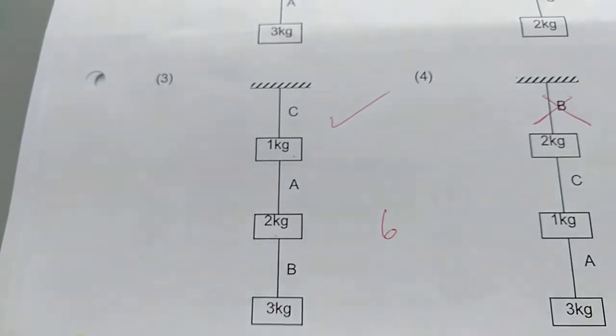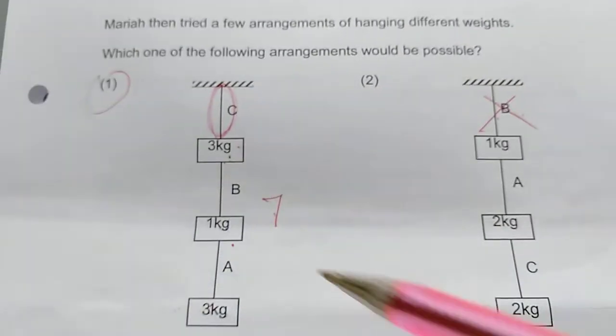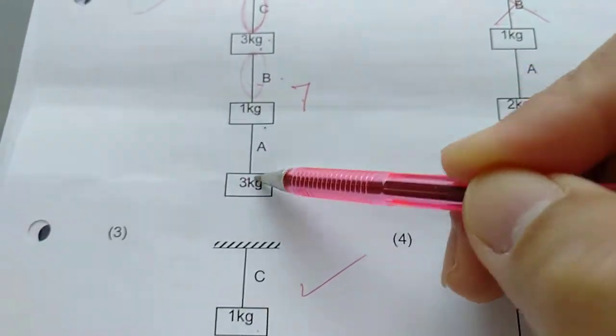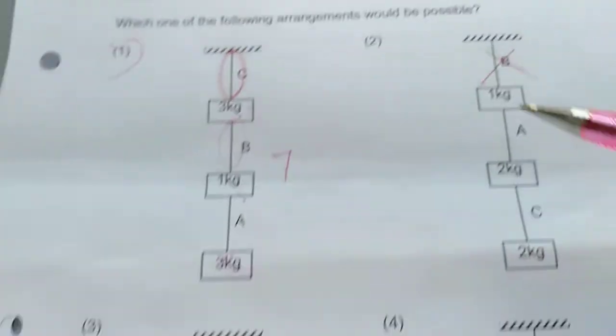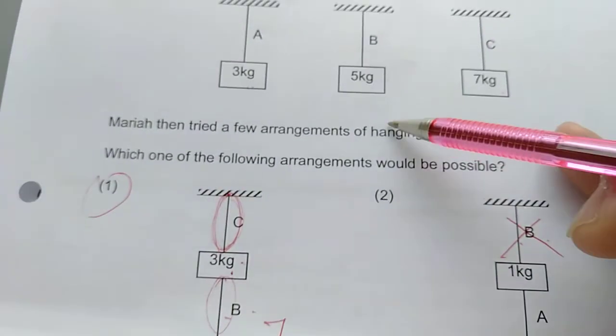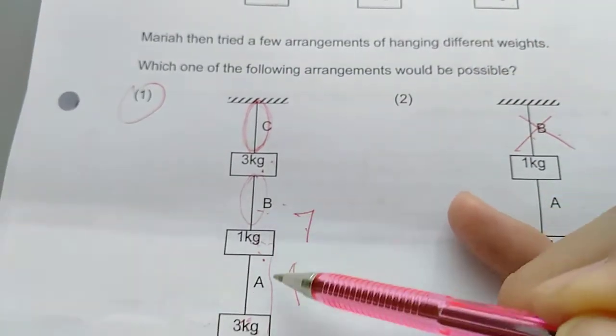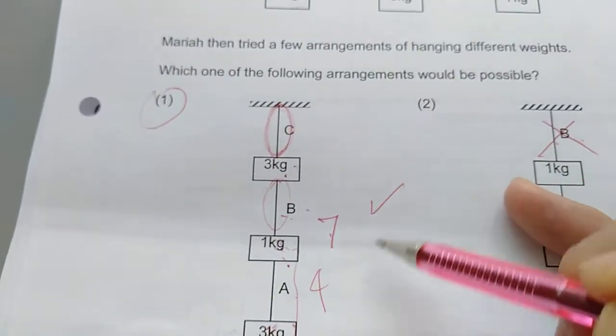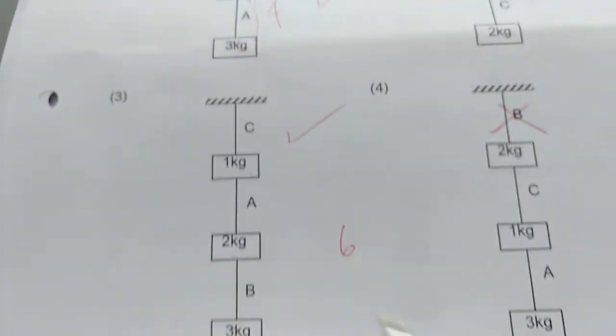Now let's check what else can be wrong. So here B is here. For B to break, these two must exceed 5 kg. These two are just 4 kg. It's less than 5, so B won't break. A is handling 3 kg. A won't break. Therefore, I confirm this is the answer, 1. How about this?